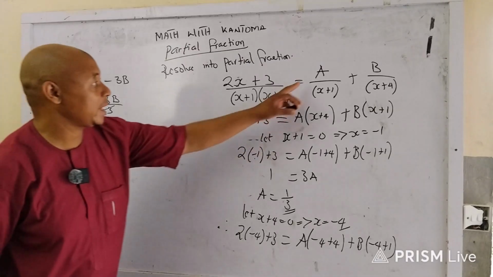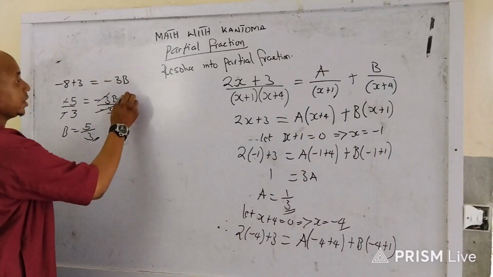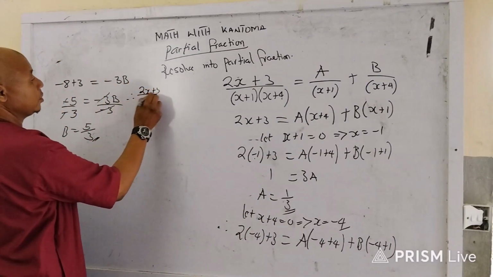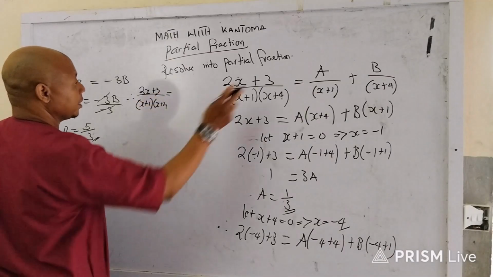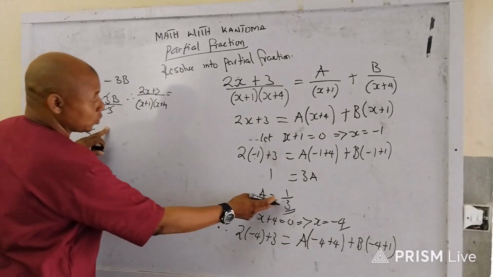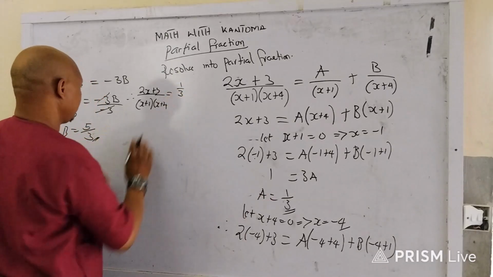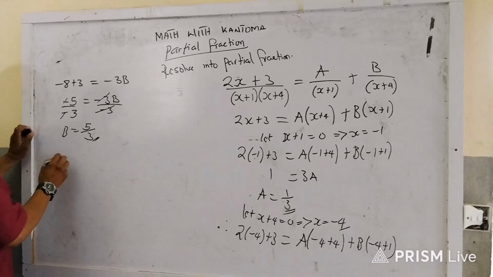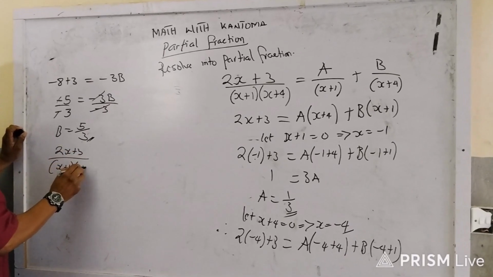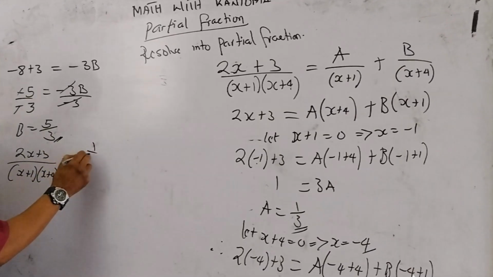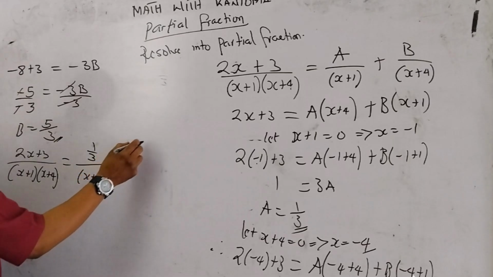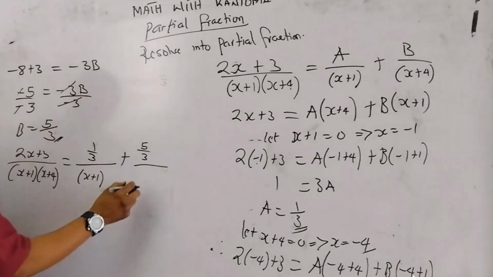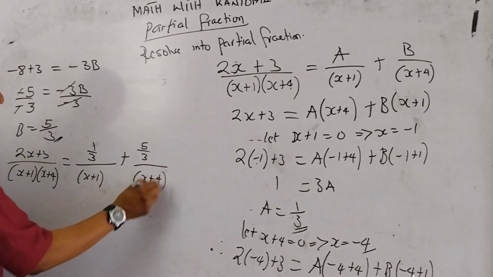So we substitute the values of a and b in the equation. We say therefore 2x plus 3 over x plus 1 and then x plus 4 is equal to a, which we said is 1 over 3, divided by x plus 1, plus the value of b, which is 5 over 3, divided by x plus 4.